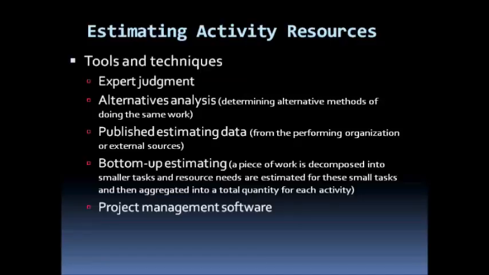Then we could aggregate these estimates to arrive at the total estimate for the activity in question. Then we could also use project management software, if it's available, to help us with our estimation process.